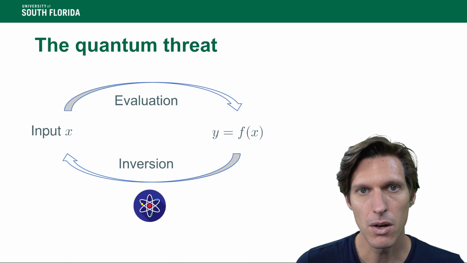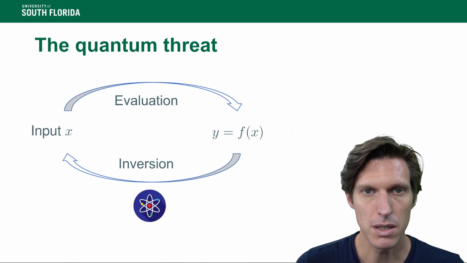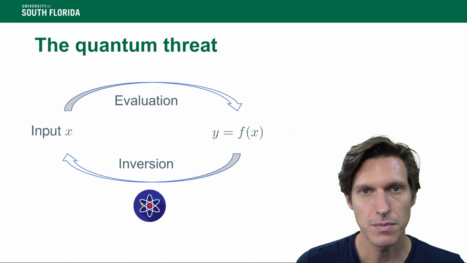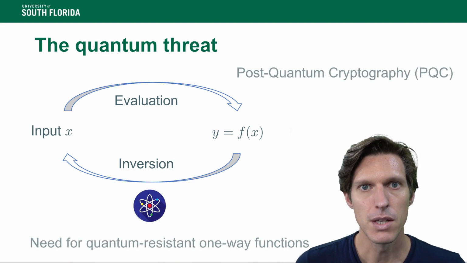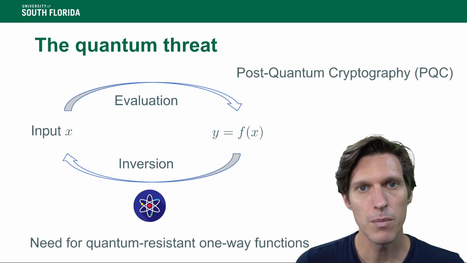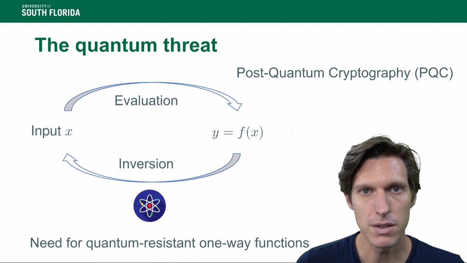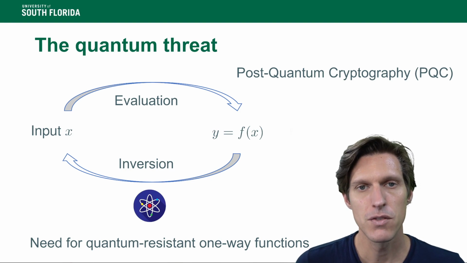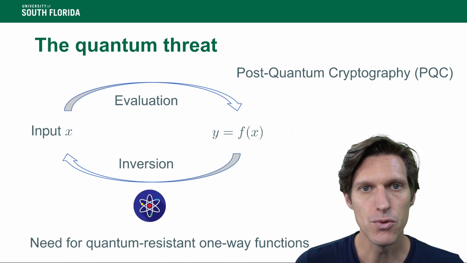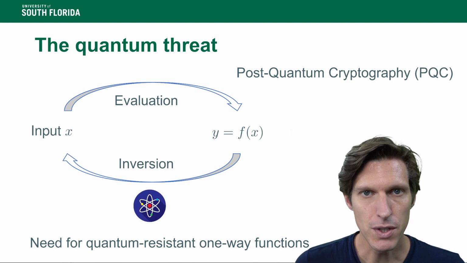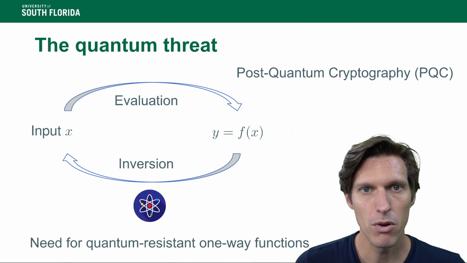They rely on trapdoor one-way functions that can be easily inverted with quantum computers. And so new trapdoor one-way functions need to be found, ones that resist the attacks from quantum computers. The use of such new functions to defeat the quantum threat is called post-quantum cryptography.